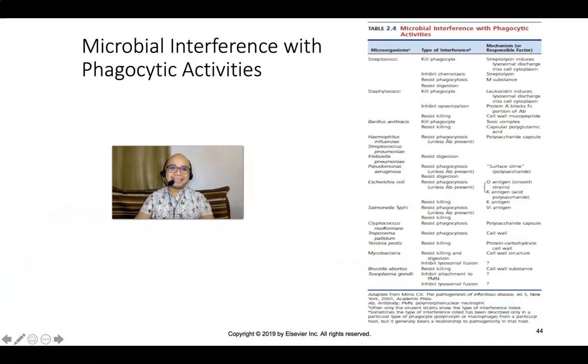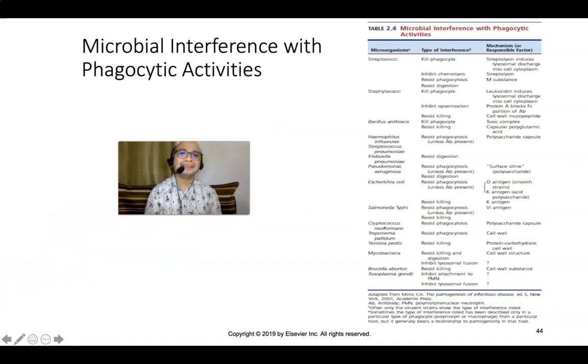I have here a list of some of the bacteria and their corresponding ability to interfere with the phagocytic activity of the cells of the immune system. As you can see, not only Staphylococcus has that ability.